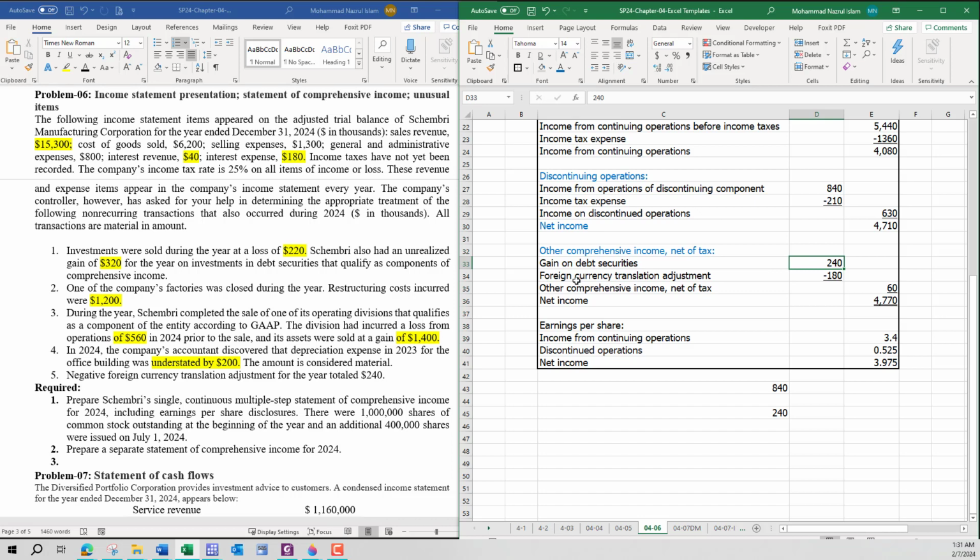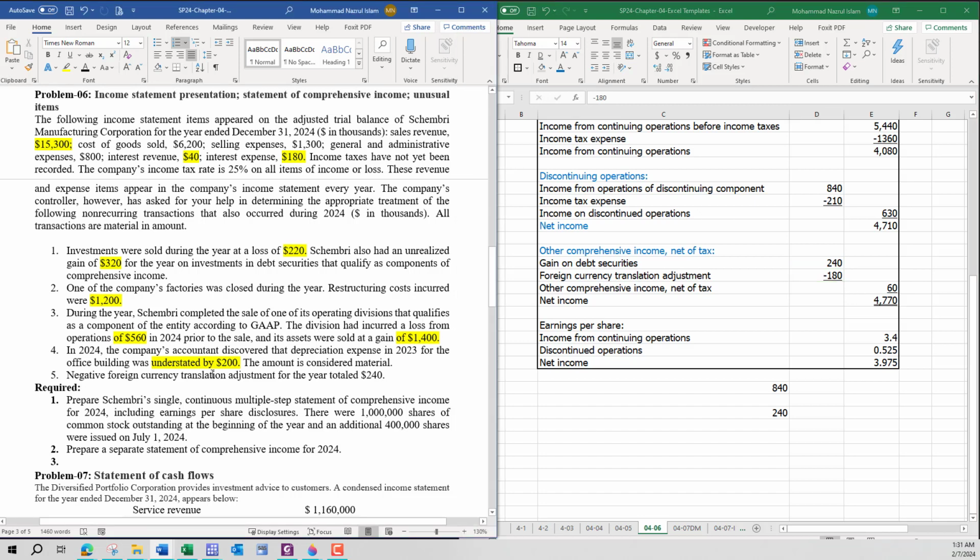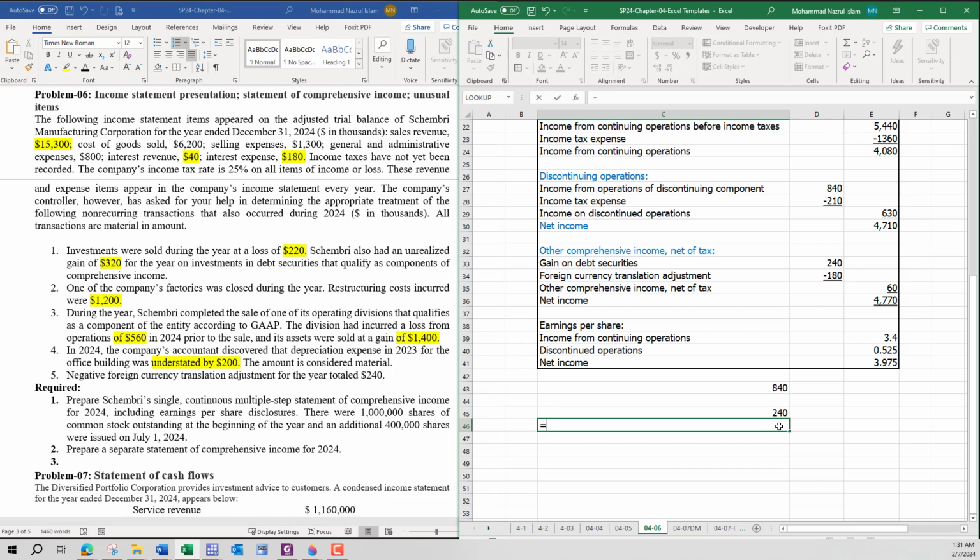The same applies to the foreign currency translation adjustment, which is 240. Multiplied by 0.75 it is 180, and this is negative, so we have used the negative sign. The net is positive because 240 is greater than 180.